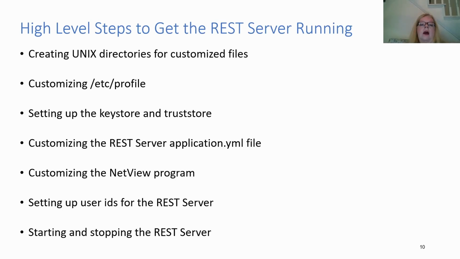You also need to customize the REST server application YAML file. There's NetView program customization. You need to set up some user IDs in SAF. And then there's some specific instructions for the proper way for starting and stopping the REST server for it to work properly.